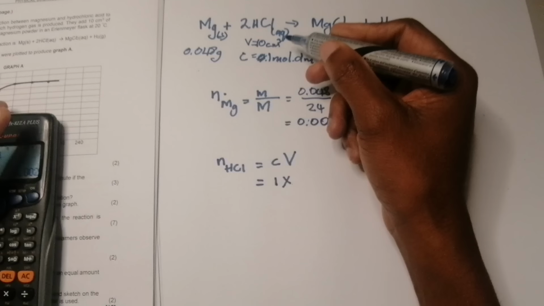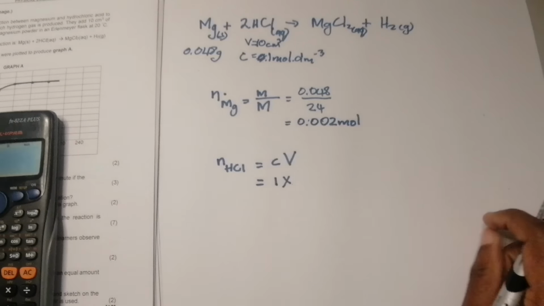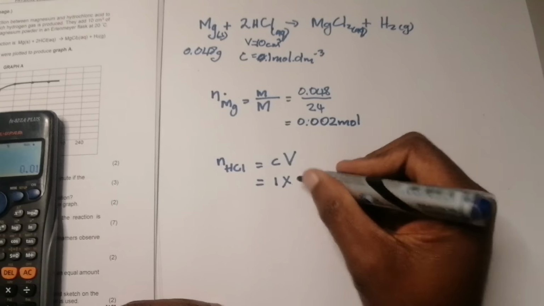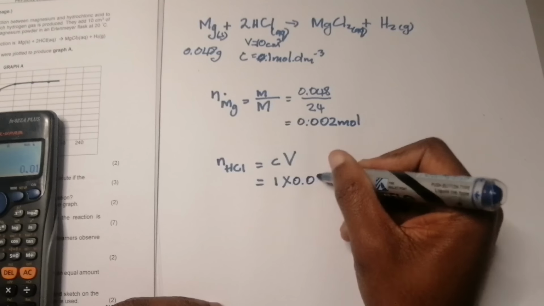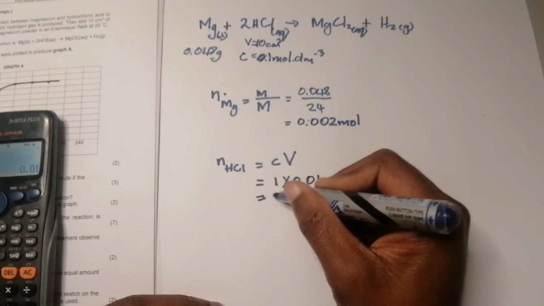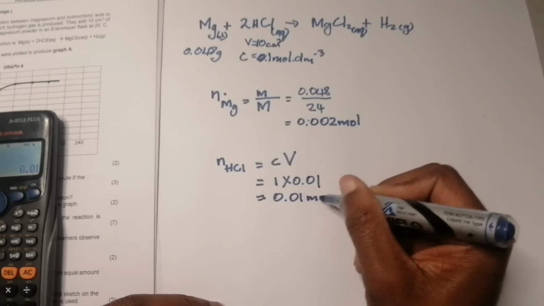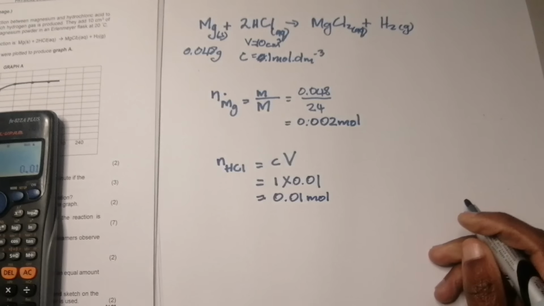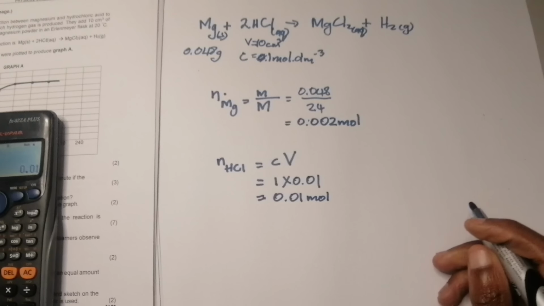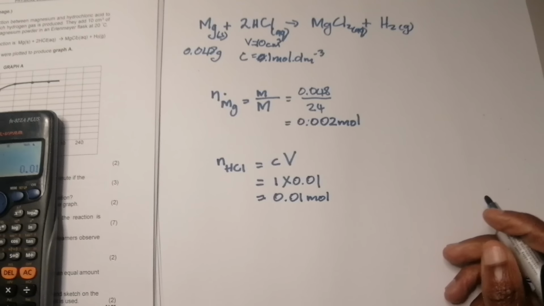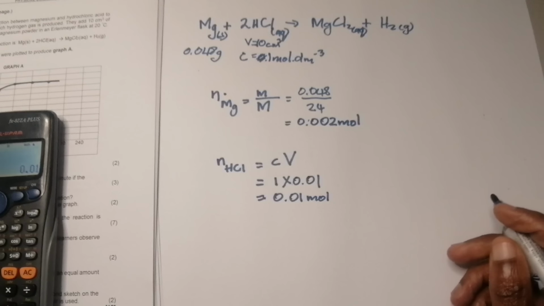We are supposed to have that in cubic decimeters, so we divide by 1,000. So 10 divided by 1,000 gives us 0.01 moles.